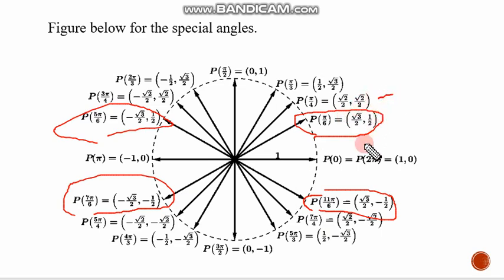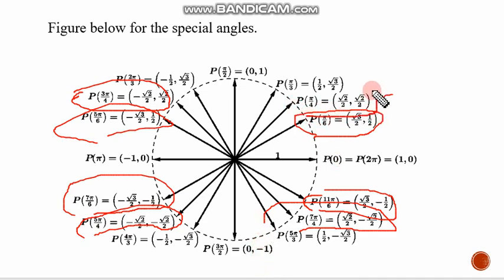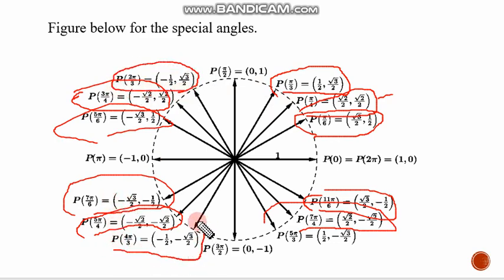So also pi over 4, the square root of 2 over 2, has corresponding values in quadrant number 2, quadrant 3, and quadrant number 4, which are square root of 2 over 2 and square root of 2 over 2. And lastly, pi over 3, the values are 1 half and square root of 3 over 2. We can see here also in quadrant number 3 and quadrant number 4.